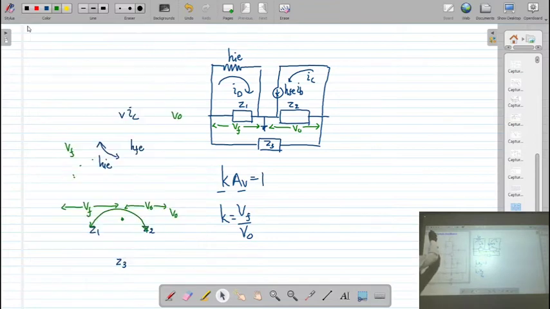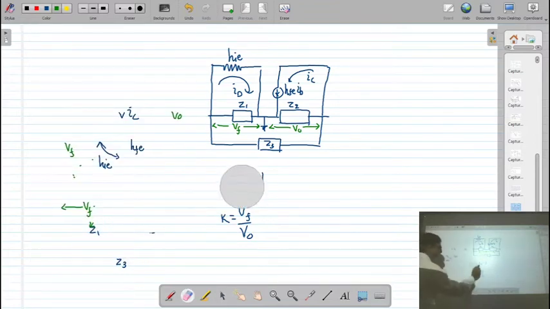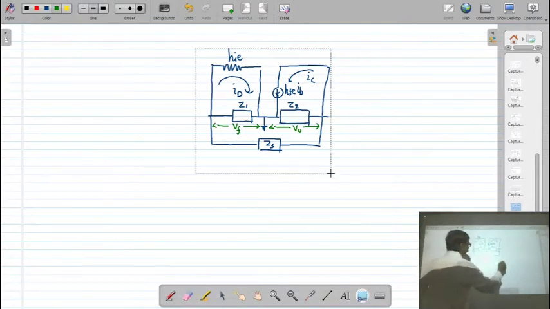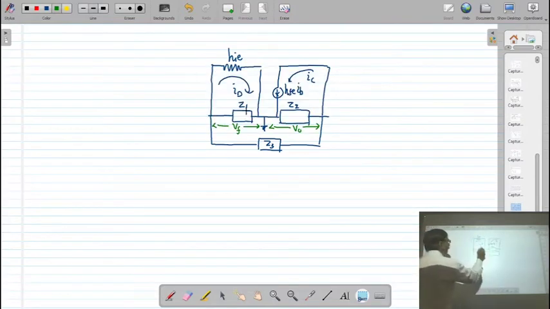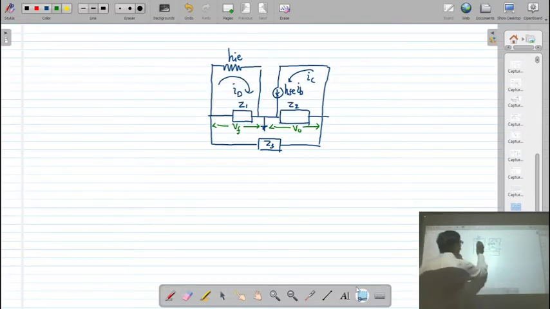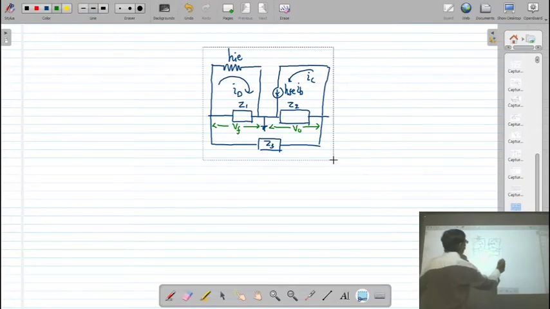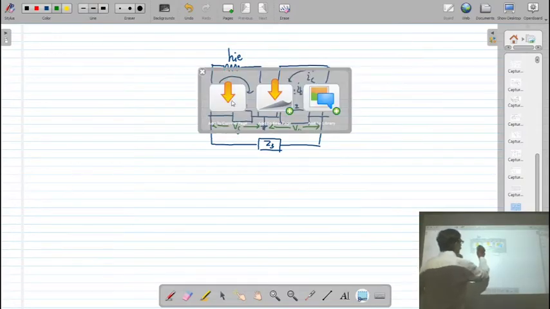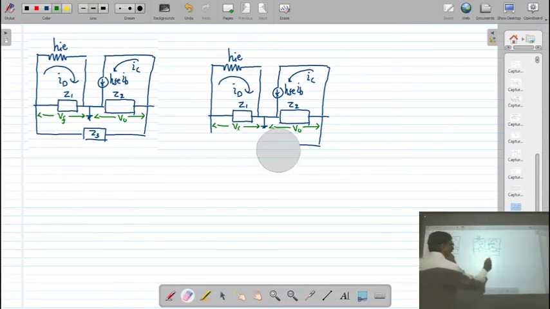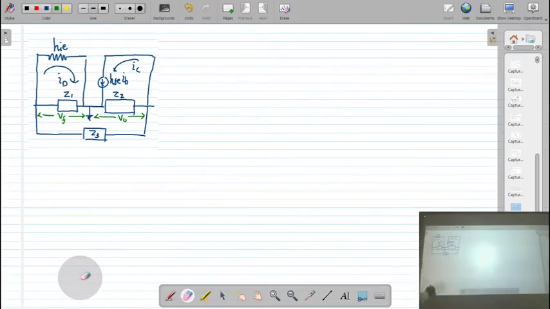So I will remove the circuit. The equivalent circuit is here.